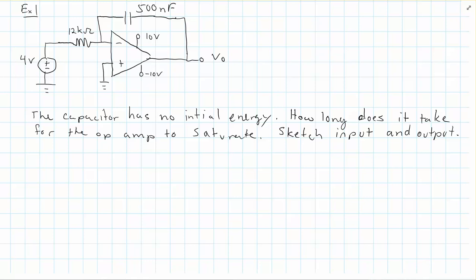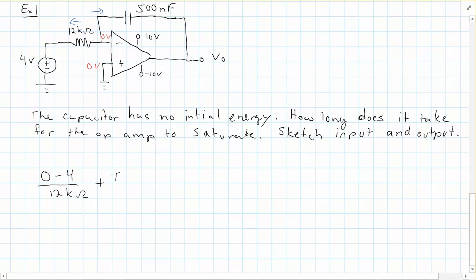So we have 0 volts here, 0 volts there, and then I've got a current going up here, and then a current going to the right. And so the current going to the left, of course, that's just a simple Ohm's law. So we'd have 0 minus 4 volts over 12 kilo ohms plus, and then what would we have here? Well, I'll call this IC, because it's the current going through the capacitor, equals 0.